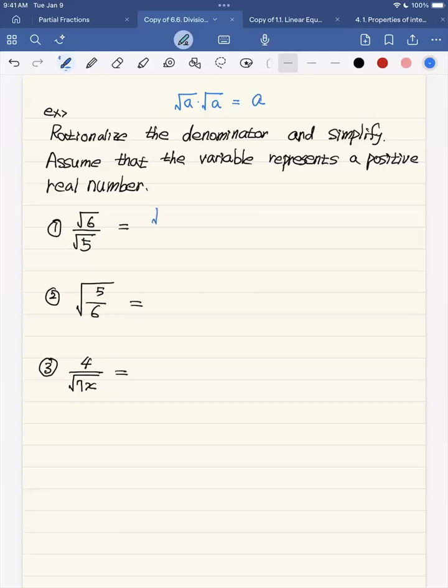So our strategy will be multiplying the same number in the same radical in the denominator, in the numerator and denominator. Then the denominator will become 5, so we remove the radical sign, and the numerator will be combined to square root of 30.